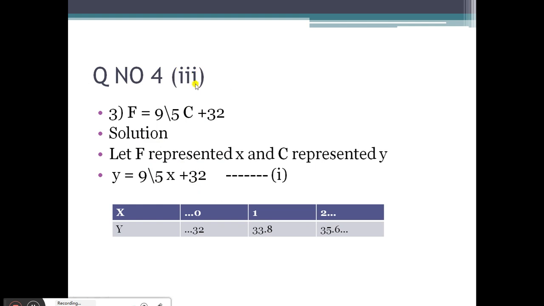Question number 4, part number 3: F = 9/5 C + 32. Solution: C represents x and F represents y. Then y = 9/5 x + 32, and the required table is (0, 32), (1, 33.8), (2, 35.6). First of all, we extend 0 along the horizontal axis and 32 along the vertical axis.